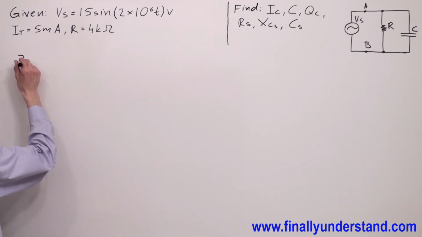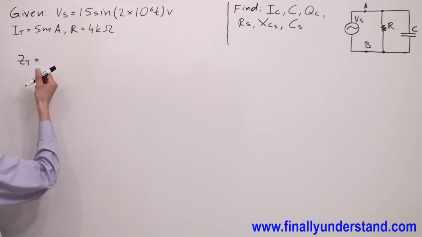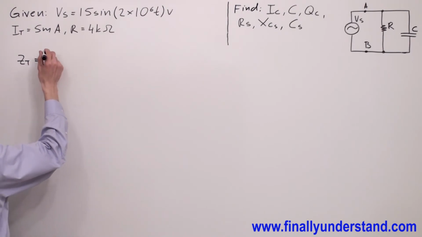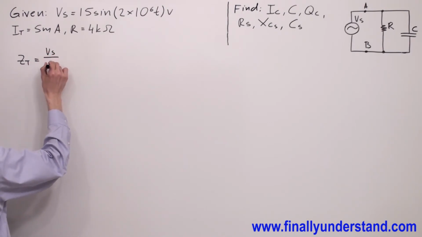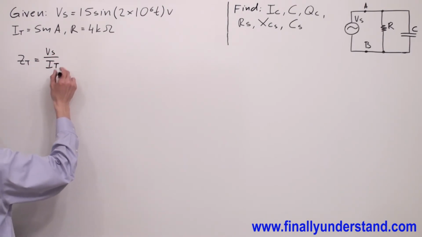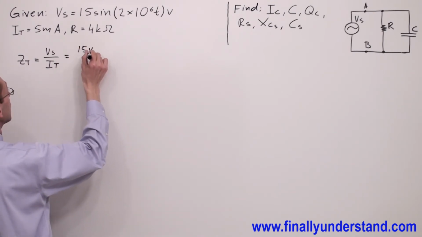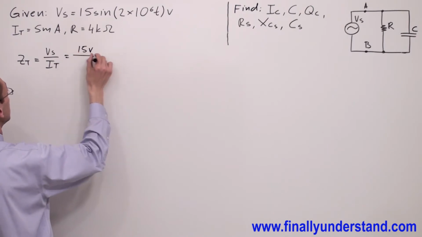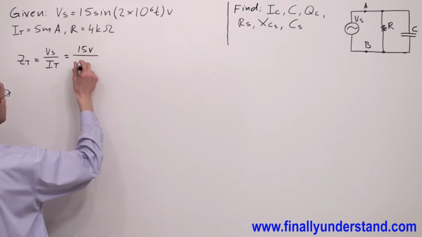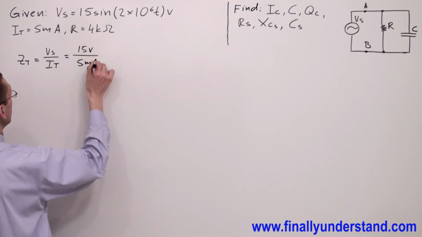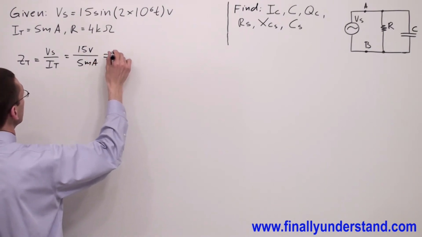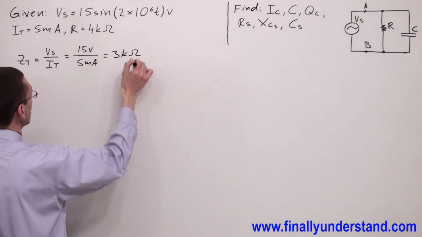Ohm's law, right, will allow me to find the total impedance, where Z total is equal to voltage source over I total. Voltage source is equal to 15 volts and divided by I total, which is equal to 5 milliamps. This is equal 3 kiloohms.